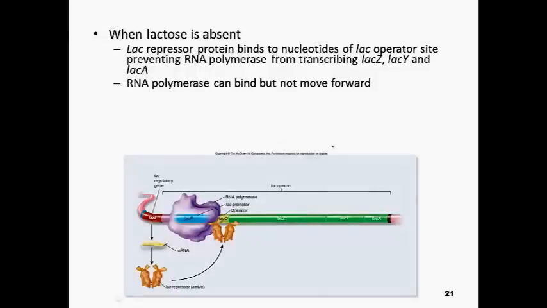All right, so now let's look at the different scenarios which a cell faces, and under these conditions, how the lac operon is regulated. One of the things I want to establish now is that the enzymes involved here, if you think about it, are catabolic enzymes, right? Because they assist in the breakdown of these substrates.